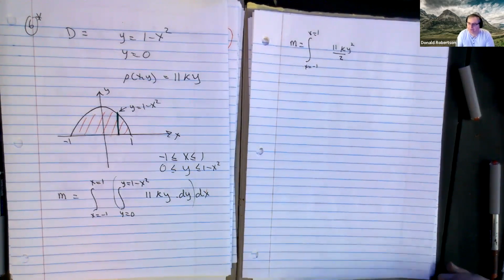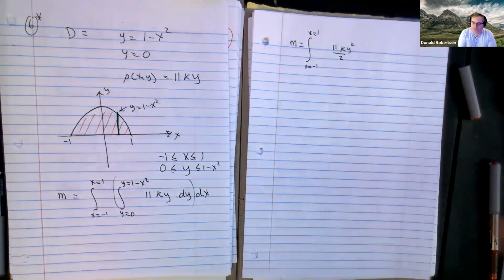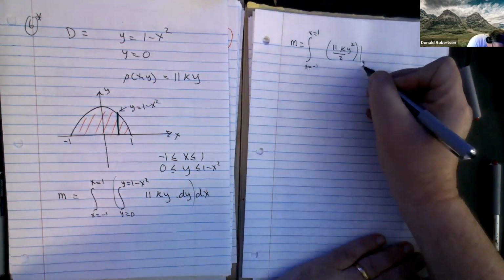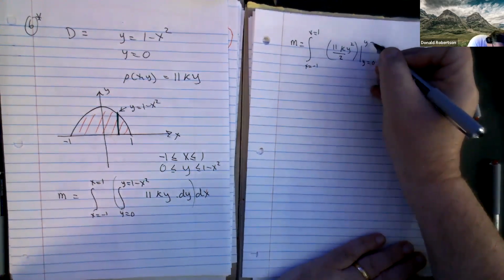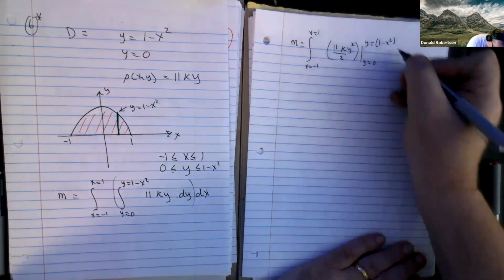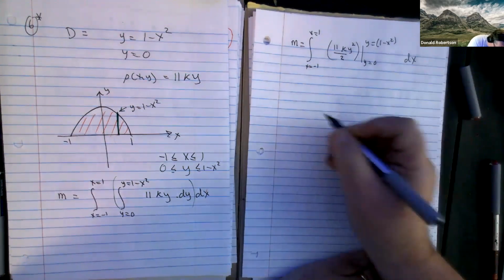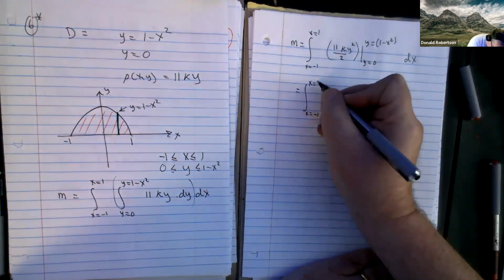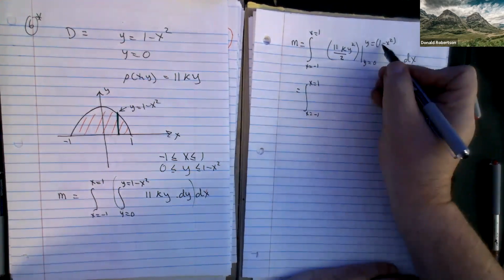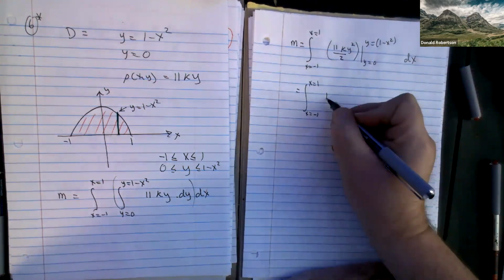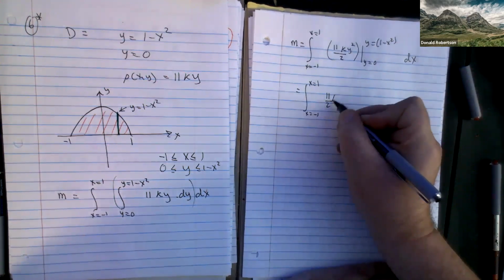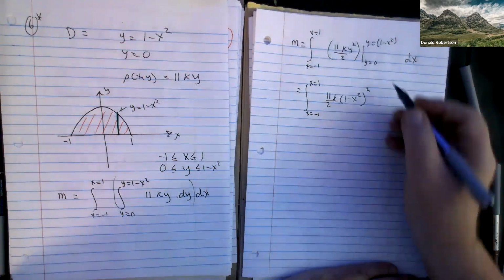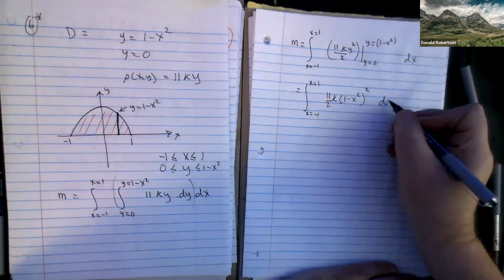We're comfortable with that? 11k, the y squared over 2, divided by the new power, evaluated at 0 and at 1 minus x squared, dx. So it's going to be the integral from -1 to +1. If you replace this y by that guy, you get 11 over 2 k times (1 minus x squared) squared. Take away nothing, so I won't bother about it. That guy.